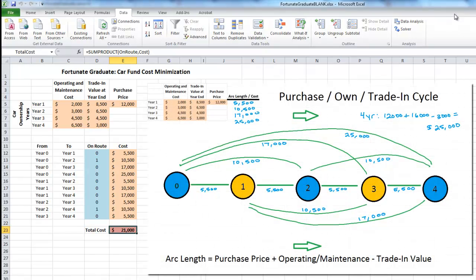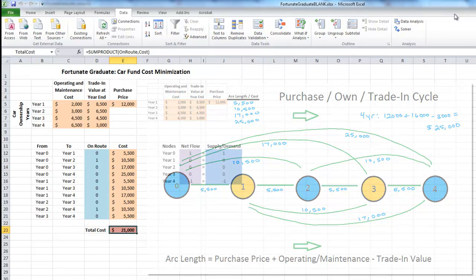So, if you remember our diagram, we're going to be going from year 0 to year 2. And if we go down further to the bottom, then we're going to go from year 2 to year 4. And once we add up $10,500 and $10,500, that will give us a total cost of $21,000.